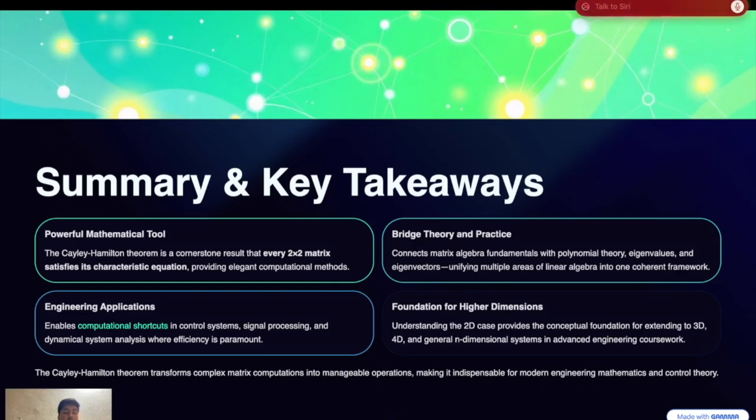To summarize, the Cayley-Hamilton theorem states that every square matrix satisfies its own characteristic equation.